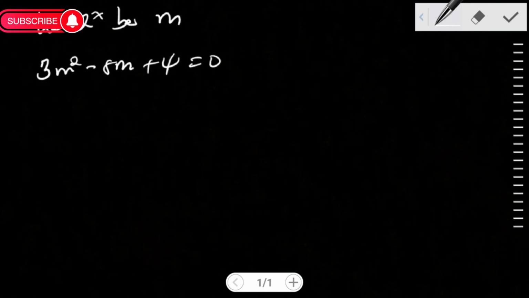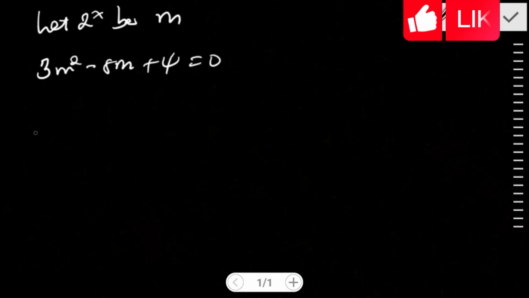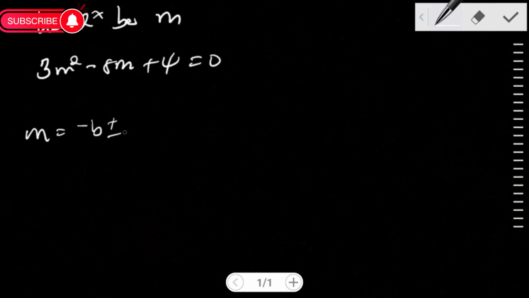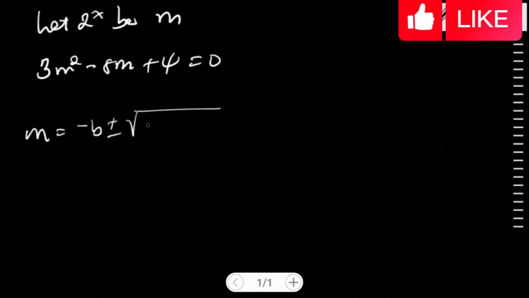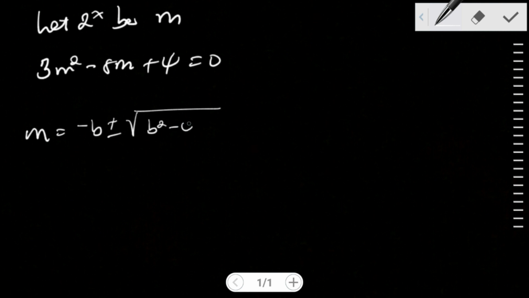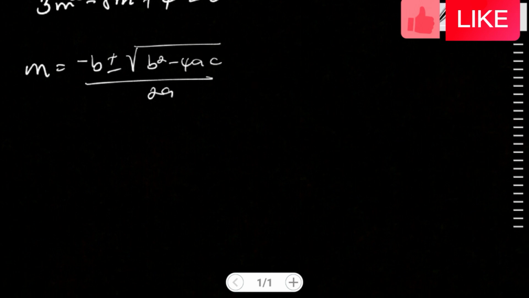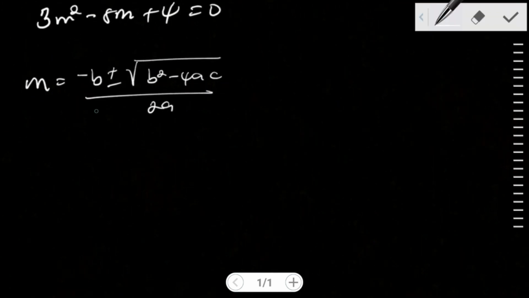Now, using the quadratic formula, I know that m will be equal to negative b plus or minus the root of b squared minus 4ac, all over 2a. Having done so, the next thing is to plug in my values.